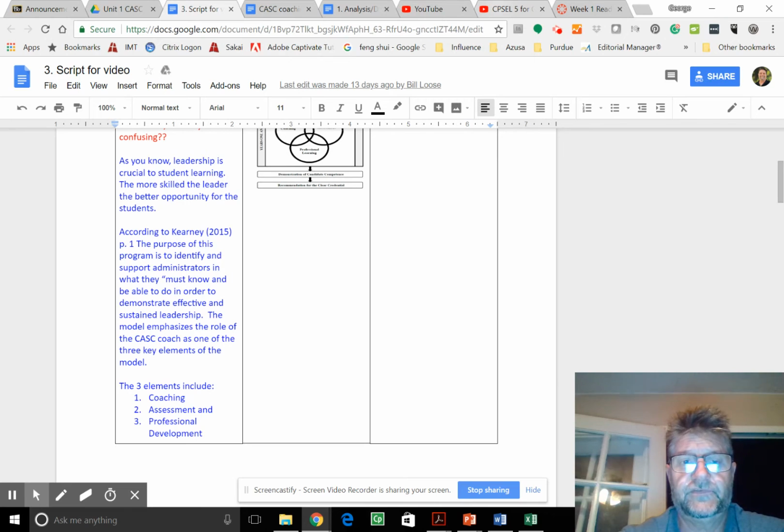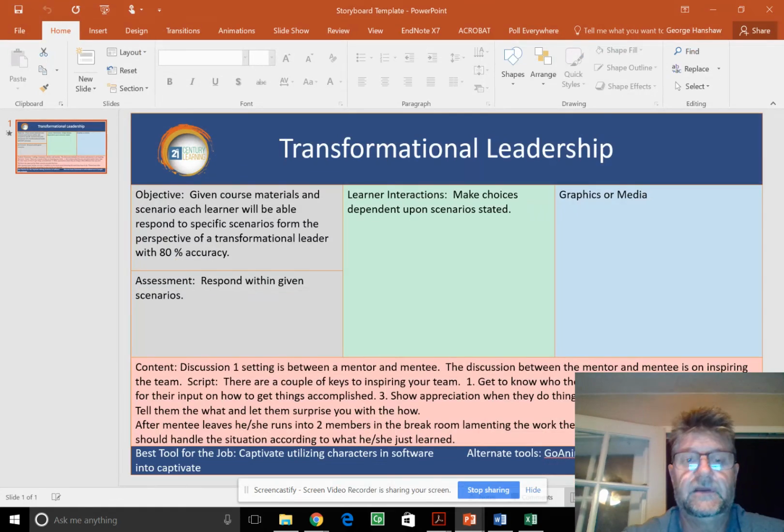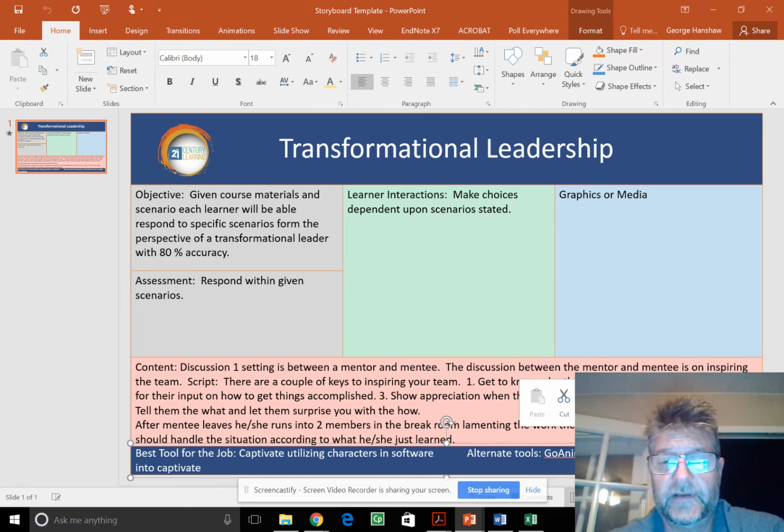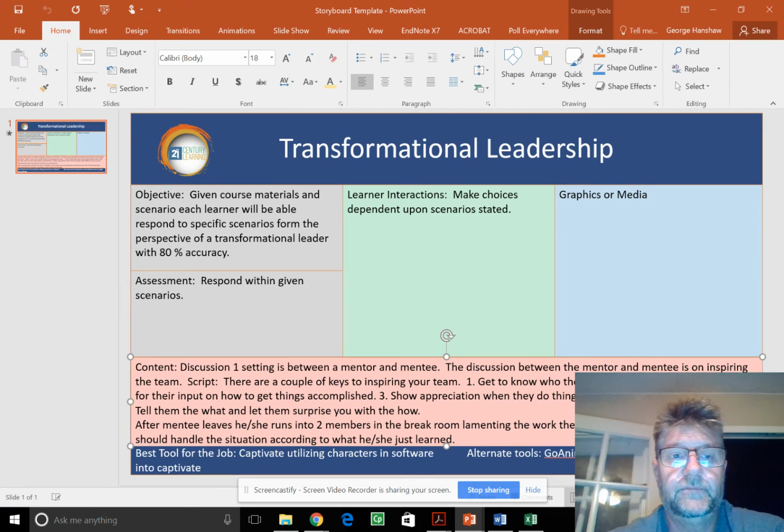Another piece that I use is for storyboarding. So this is just one way. There are so many ways. Here's what I use: objective, learner interactions, graphics, media, assessment, content, and then the best tool and an alternate tool on this side. Those are some very important pieces.